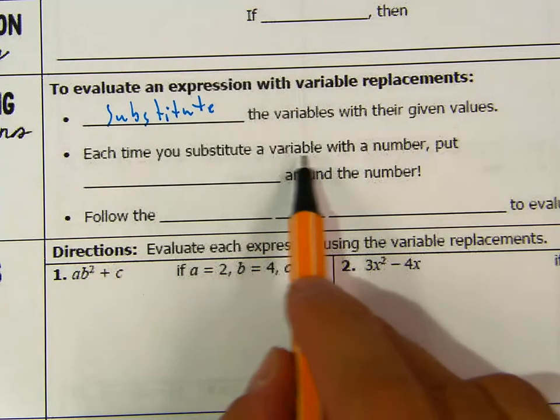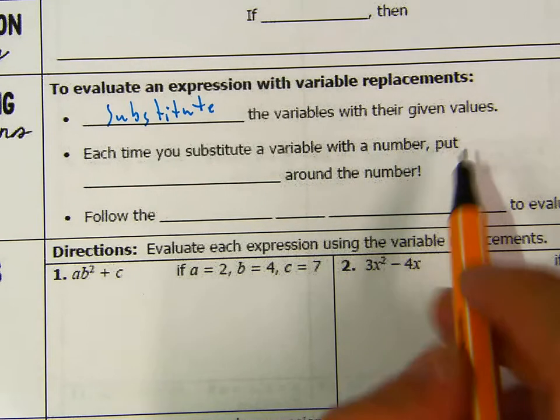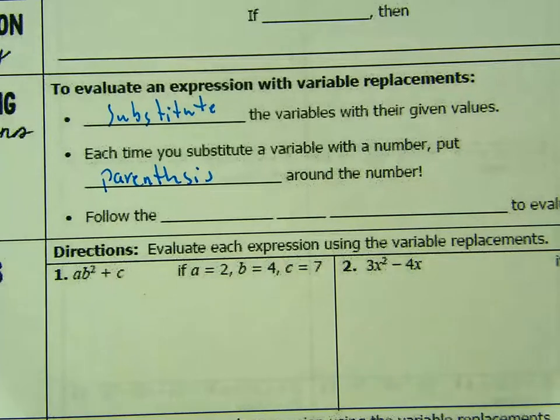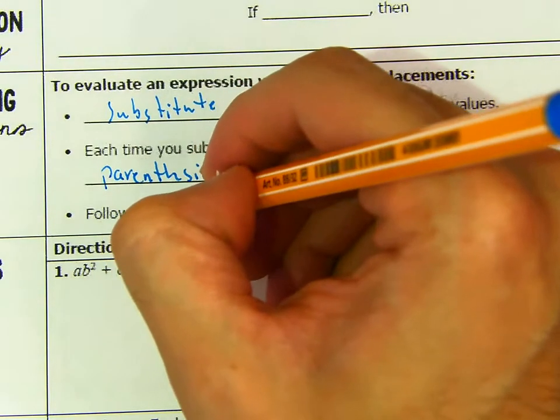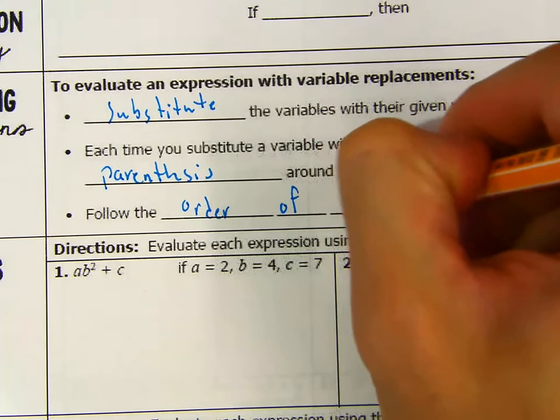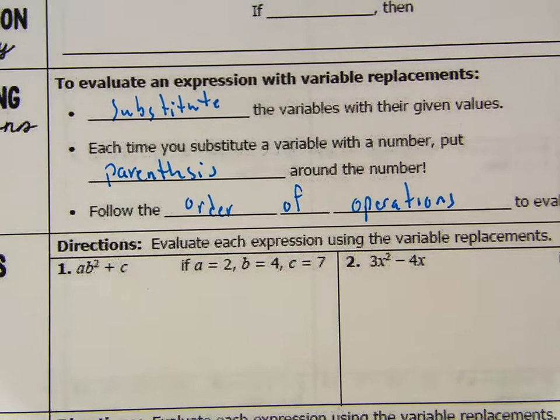Each time you substitute a variable with a number, put parentheses around the number, and follow the order of operations.